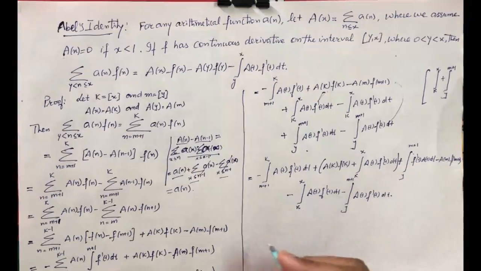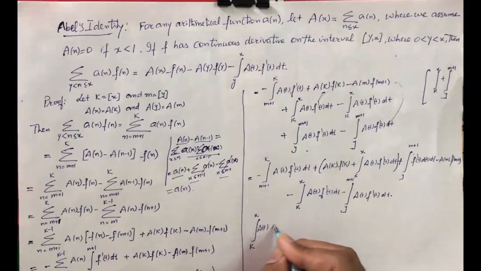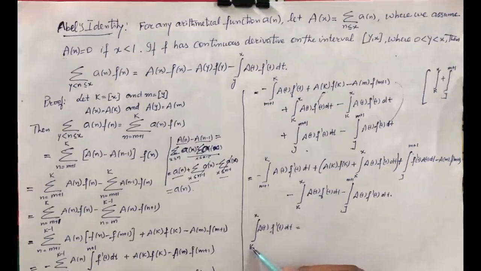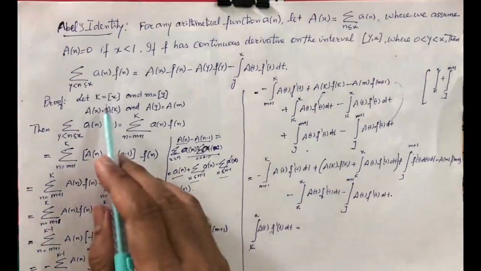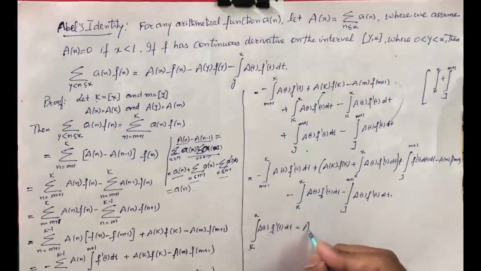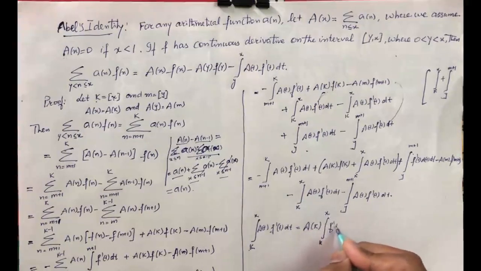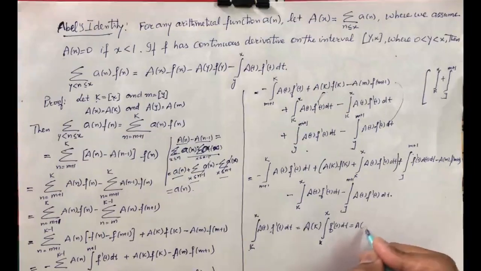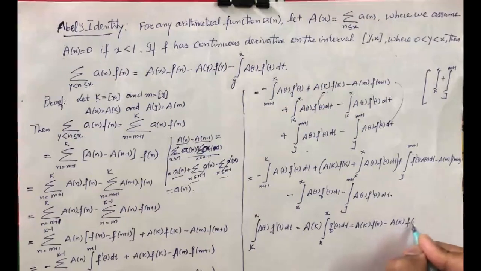Now we will solve them separately. First integral is k to x of A(t) f'(t) dt, as between k and x the value of capital A(t) is the same, it will remain the same, that is, k is the integral part of x, so this is A(k) times the integral k to x of f'(t) dt. So we can easily solve this integral, and putting the values of limits, it becomes A(k) f(x) minus A(k) f(k).